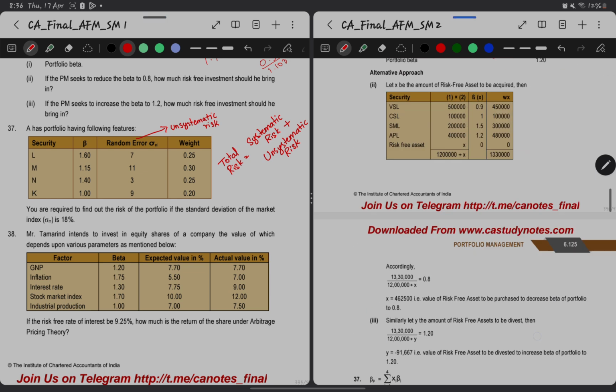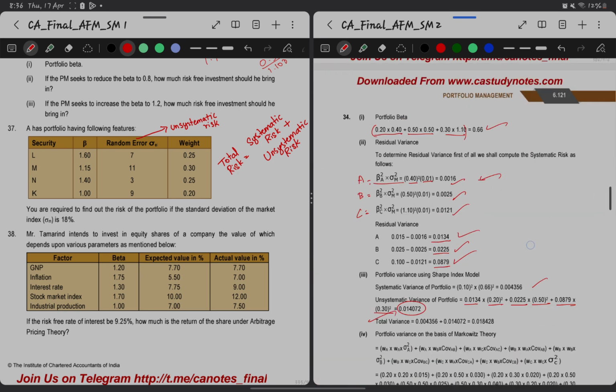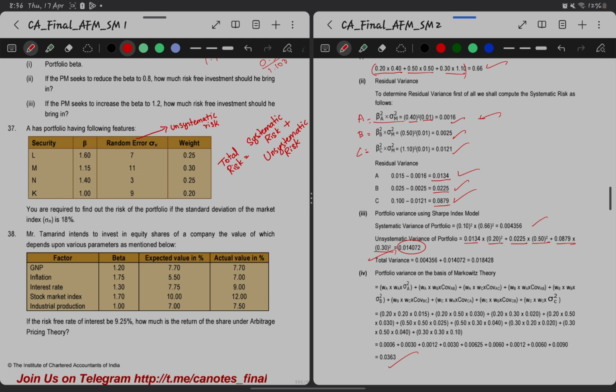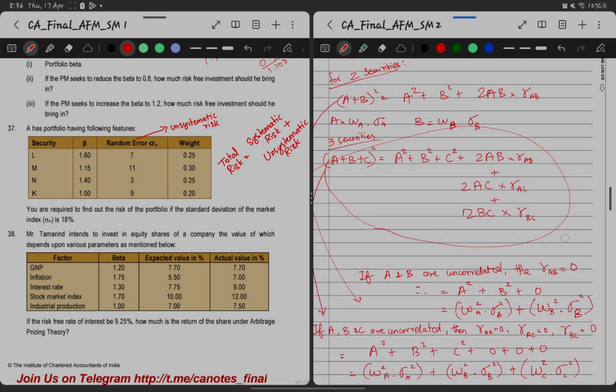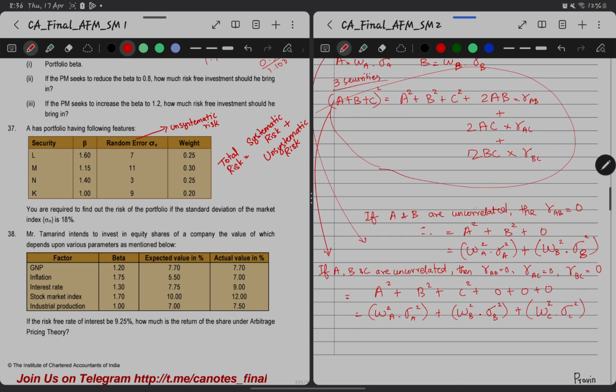I have clearly explained this in one of the previous practical questions, which is 34, wherein I explained the variance of a portfolio: the covariance of the securities will be 0 in case of the unsystematic risk portion.